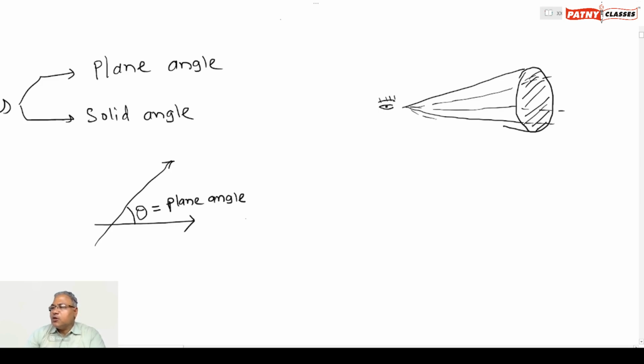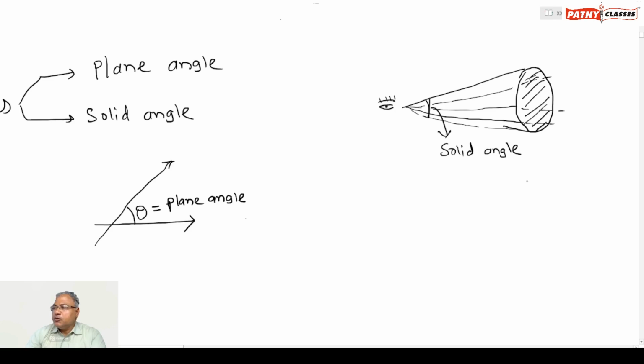When you are able to see the complete solid, then here you are making some angle between the first and last, and you are able to see each and every part of the solid. Then you are making some angle here. So that angle is called a solid angle.